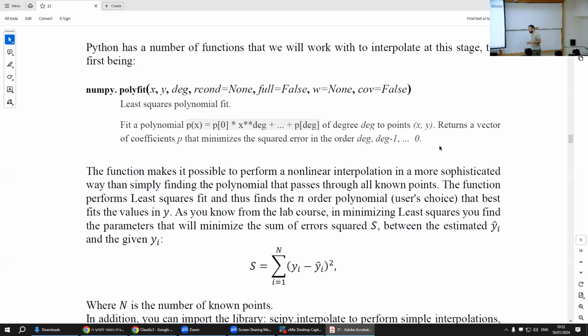And the famous metric that you use in physics lab is what's called the chi-squared, or the minimal mean squared errors. So you somehow assume that the errors in all of your data are the same error.